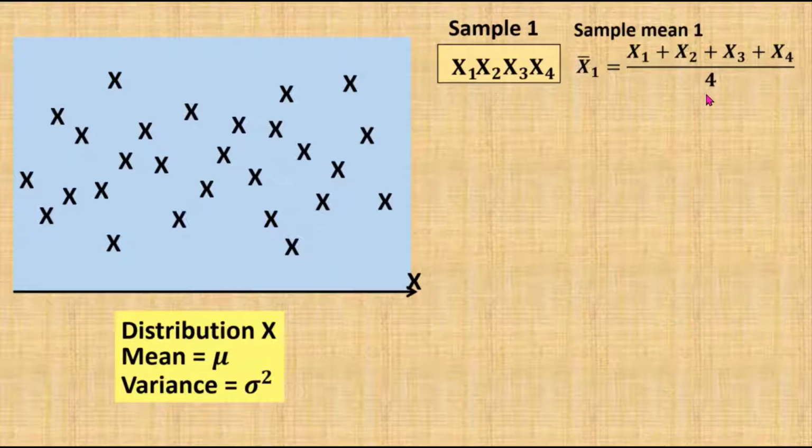Since this is the mean of sample 1, I name it sample mean 1, which is denoted as x-bar 1. Next, I'm going to select another sample with the same sample size. Let's say x1, x2, x3, and x4.